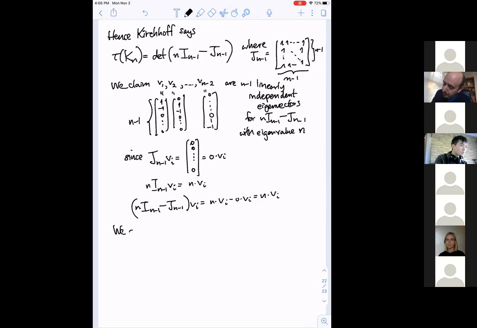We also claim, here's another one, that the all ones vector, 1, 1, 1, 1, 1, let me call that v0, is an eigenvector for this matrix with eigenvalue 1.